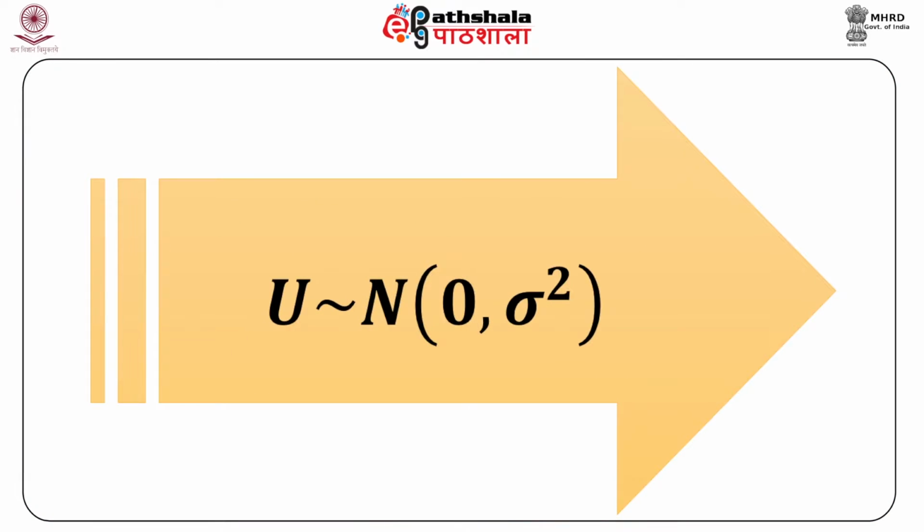Now suppose these factors are random, then u represents the sum of random variables. Hence, by applying CLT, we can impose the normality assumption on the error term. Thus, we may say that u is distributed normally with mean 0 and variance sigma square.